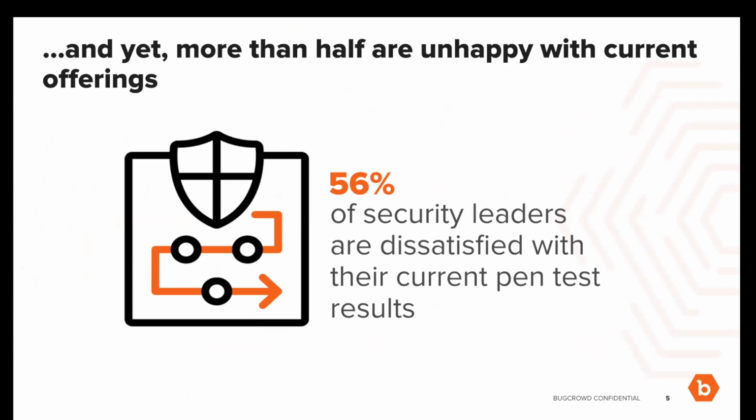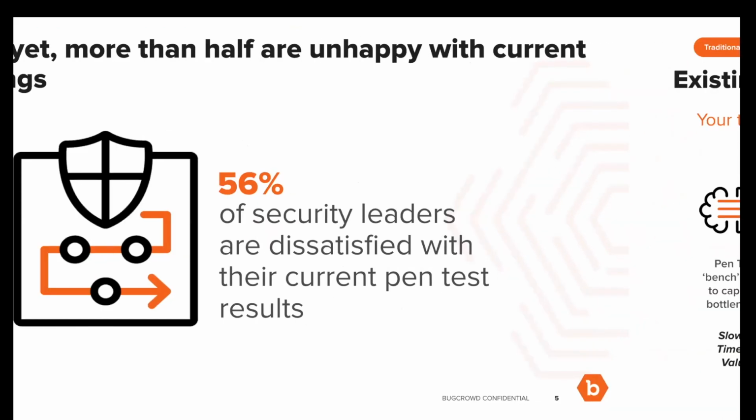So you'll see that there's clearly some disconnect here, where people say that they need a pen test for a variety of reasons, and many of them are using penetration tests today, at least once a quarter. On the other hand, we find that more than half of the users of penetration tests say that they're not very happy with it. So why are people seeing some of these issues today with penetration tests?